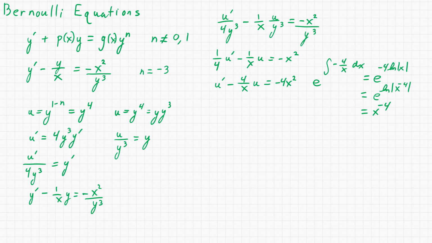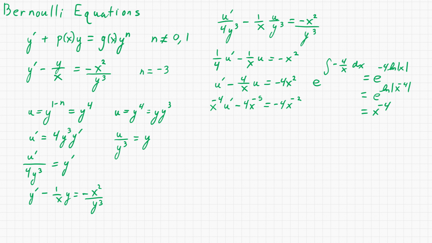Multiply the entire ODE by it. So we have x to the negative 4th times u prime minus 4 times x to the negative 1 times x to the negative 4th. So that should be 4x to the negative 5. Then over here we have x to the negative 4th times x to the positive 2. That should be negative 4x to the negative 2.